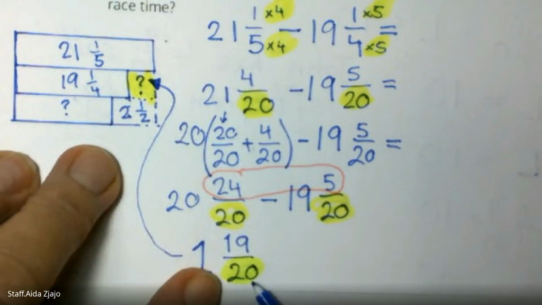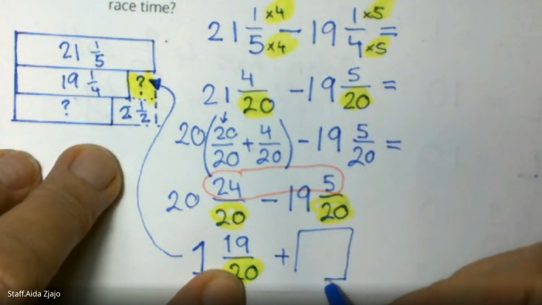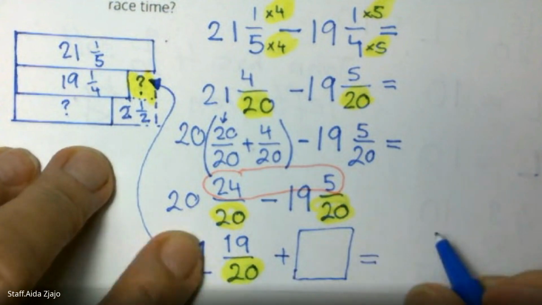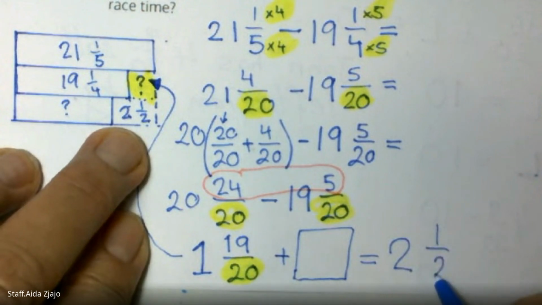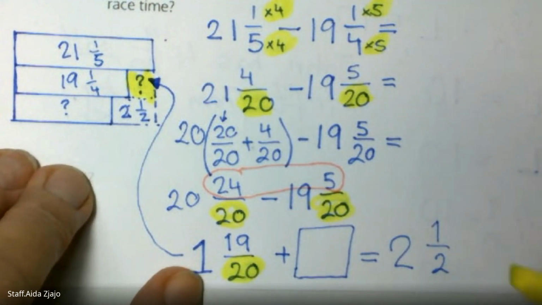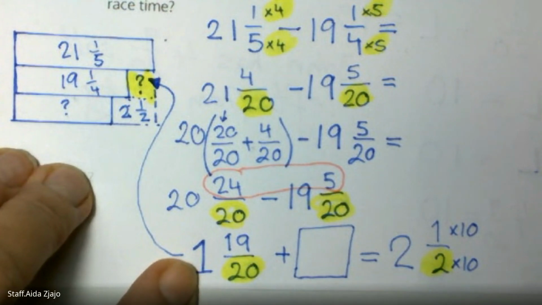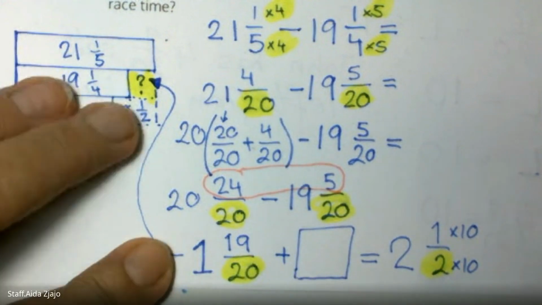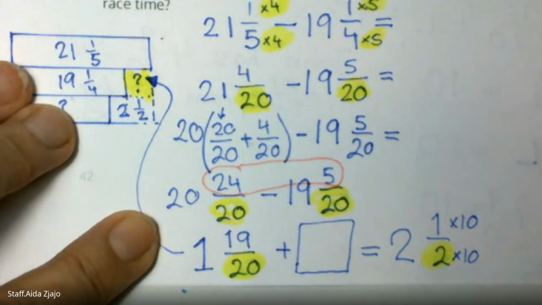Now, this plus some unknown number must equal his goal, and his goal is 2 1/2. Because these are in twentieths, I'm going to make the half also in twentieths. By multiplying by 10, I can see that it would be 10/20. I'm going to move this to have more room.